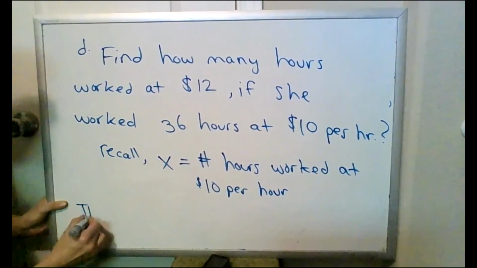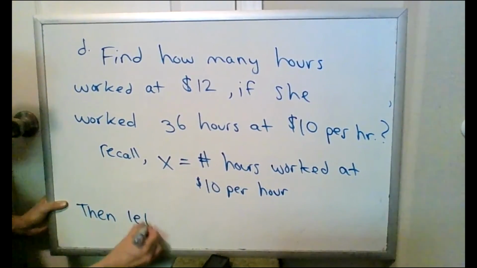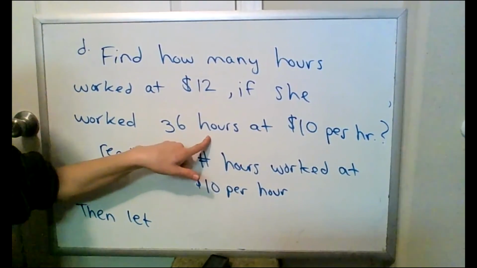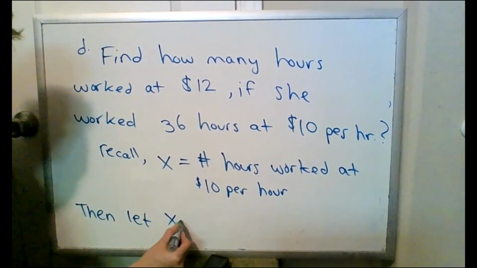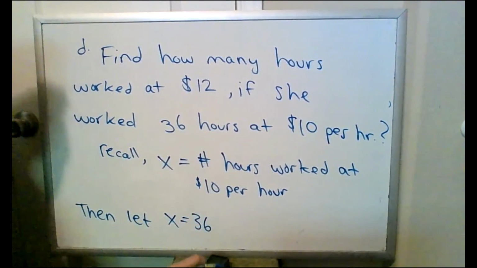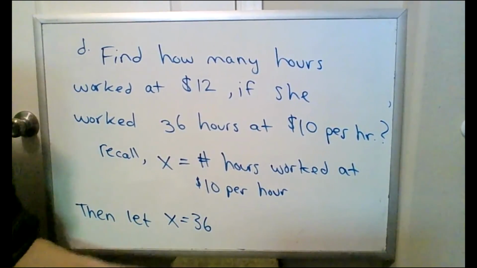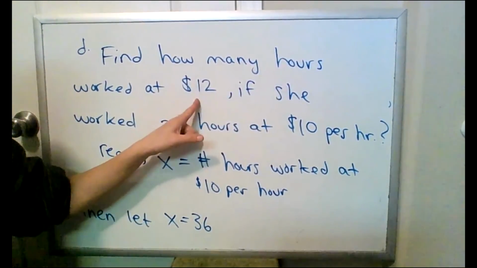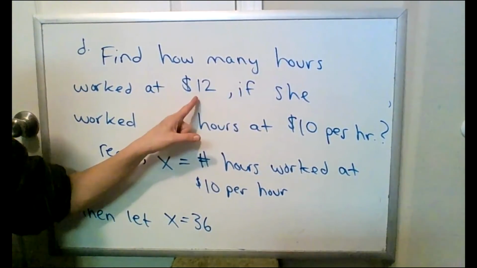So you're told to put x equal to 36 and find the number of hours worked at $12 an hour, which we called y.